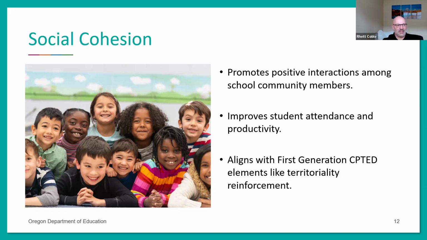What are the benefits of social cohesion in schools? A lot of times there's these three things: academic performance, community ties, and it reduces the social inequalities. So there's three benefits right there of the social cohesion part of it.